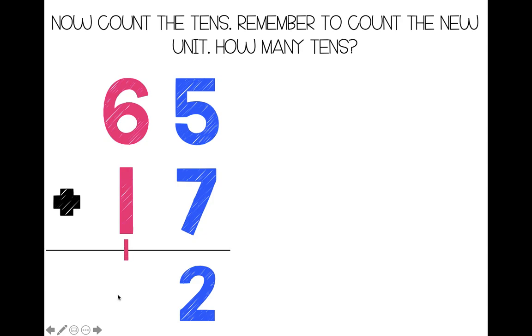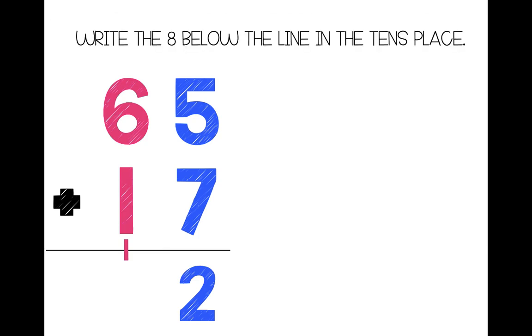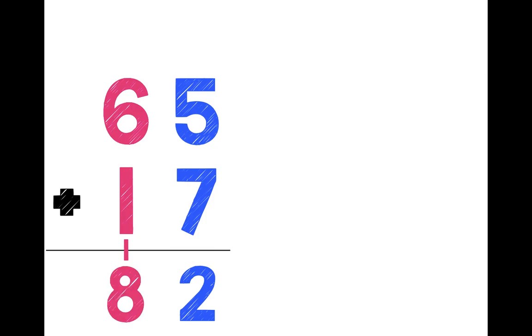How many tens do we have? We have 8 tens. So we're going to write that 8 below the line in the tens place, because we know that 6 plus 1 is 7, plus one more, that new 10 that we made, is 8. So 65 plus 17 equals 82.